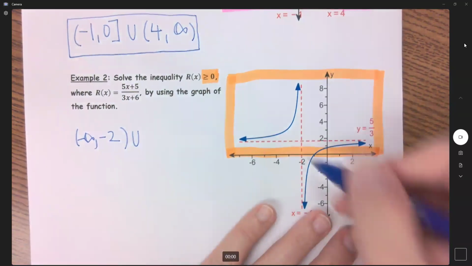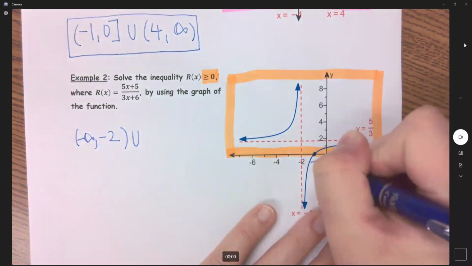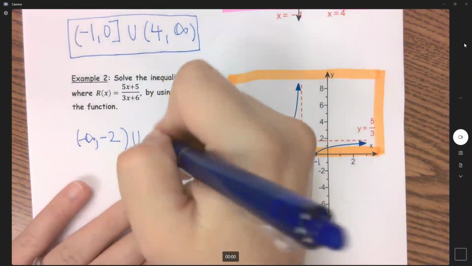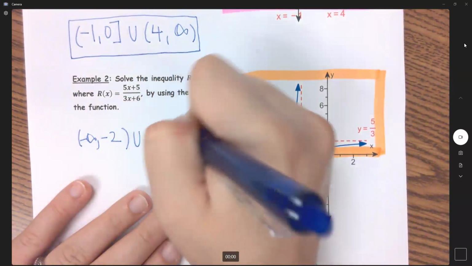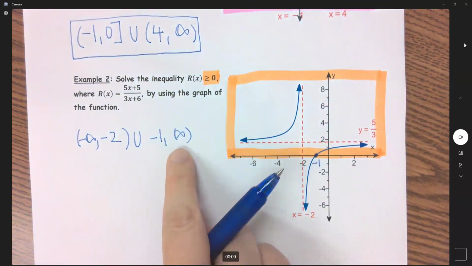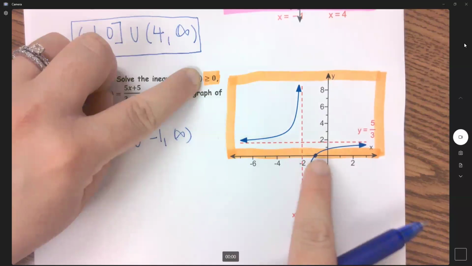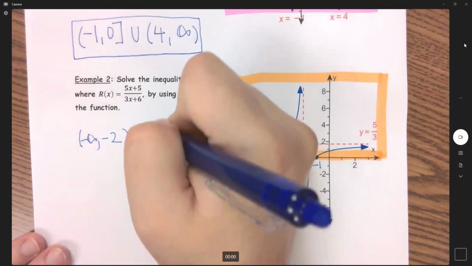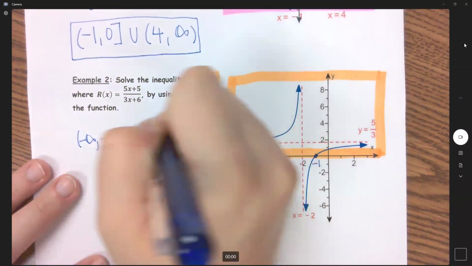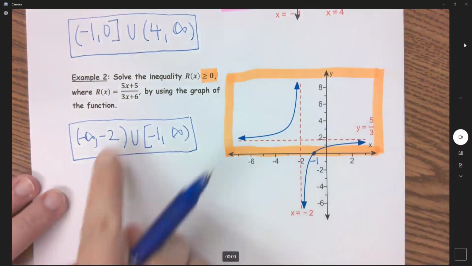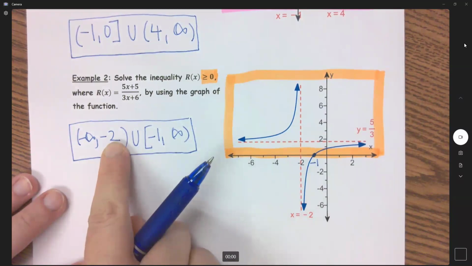And then the union, it looks like it's crossing right here at -1 and then going to infinity. So infinity is always a parenthesis, but because this is or equals to 0, this 0 here is included. So again, one bracket, even though it's an or equals to, because this is a vertical asymptote.